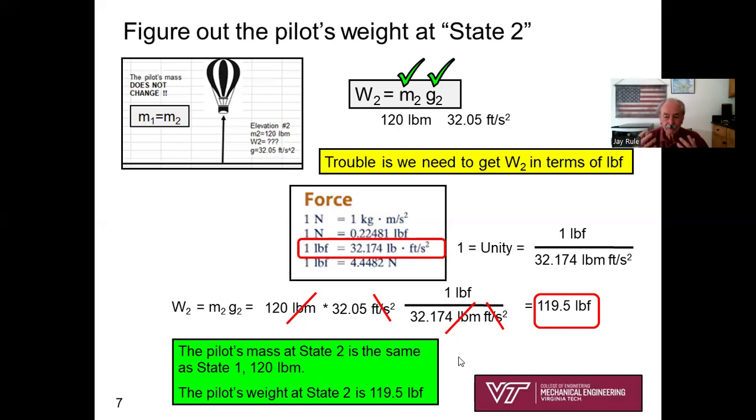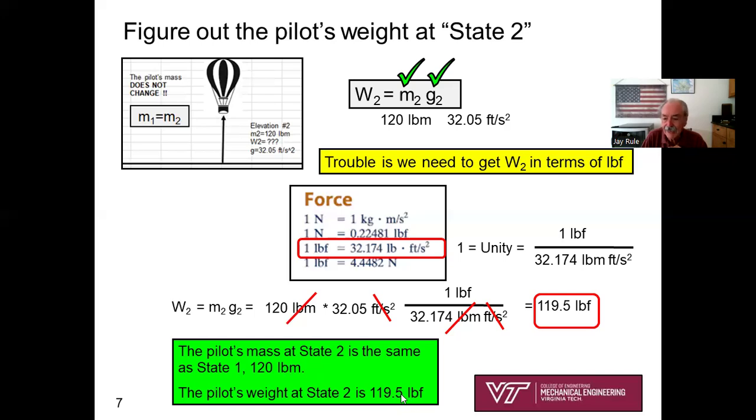And like I say, in my discipline, I'm going to write out both of the results at state 2. The pilot's mass at state 2 is the same as state 1, 120 pounds. That's kind of helping my grader see that I know what I'm doing. And the pilot's weight at state 2 is 119.5 pounds force. Also, recognize that I'm putting in a reasonable amount of significant figures.